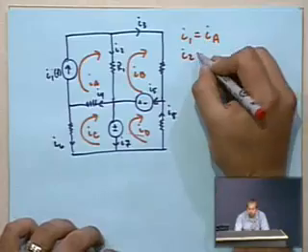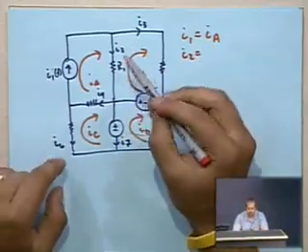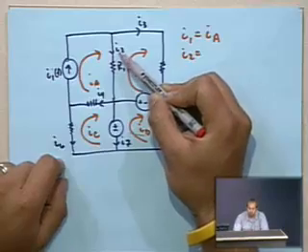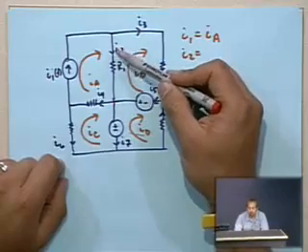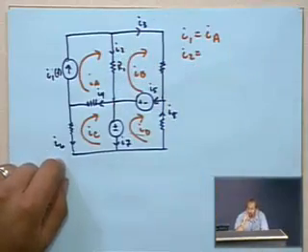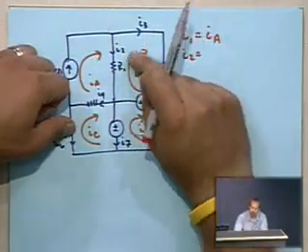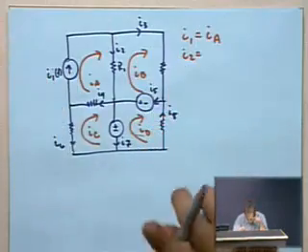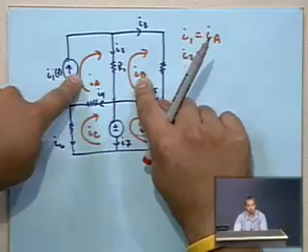I2, this is where it gets interesting, and you have to pay a lot of attention to the direction that the current is defined within the circuit. And so we've defined, for example, I2 is flowing down through this branch. So if we look, there are two loop currents that go through this branch of the circuit. IA goes through it and IB goes through it. And it's important to note that IA and IB are technically flowing the opposite direction.